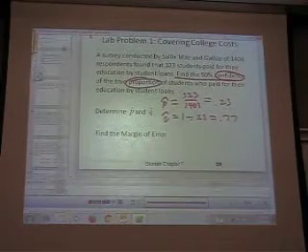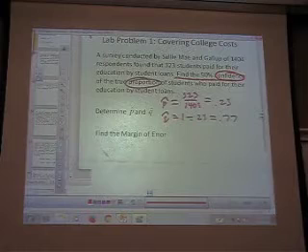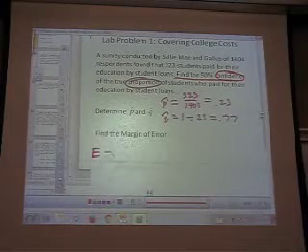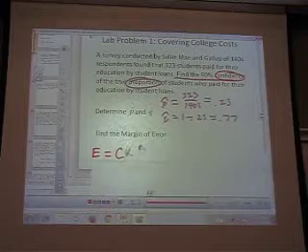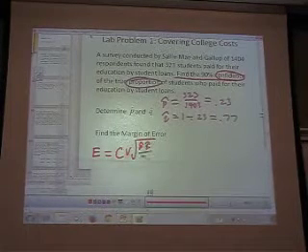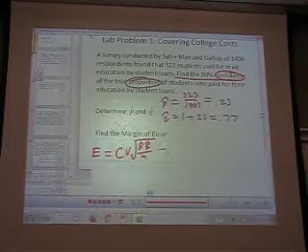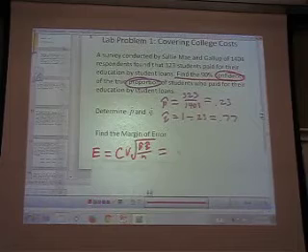Find your margin of error. My margin of error is going to be my critical value times the square root of P hat, Q hat over n. So what's my critical value? My 90% confidence interval: 1.645.